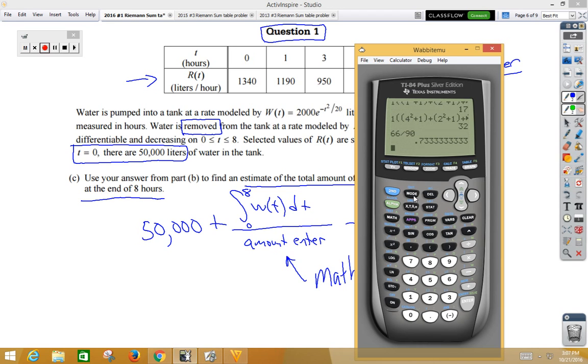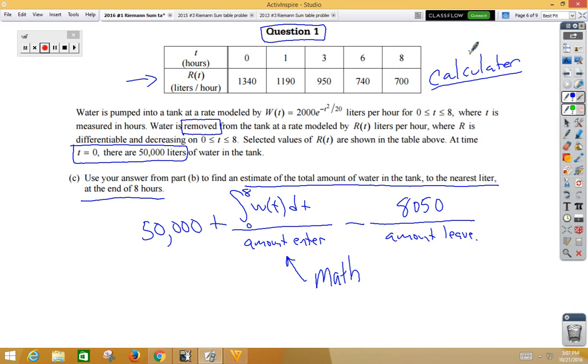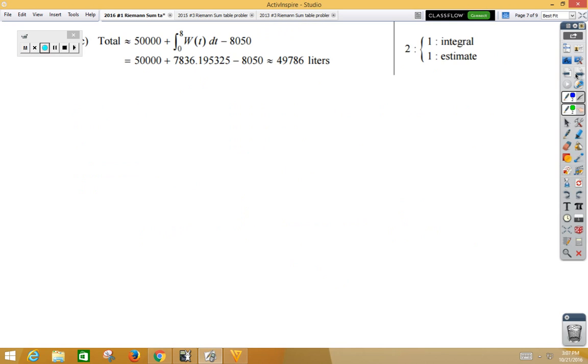So math 9, enter it in, get an answer, and then do your calculations. So again, 50,000, integrate 0 to 8 of W of t dt, subtract what's going out, gives us our amount. Notice 1 point for the integral, 1 point for the estimate.